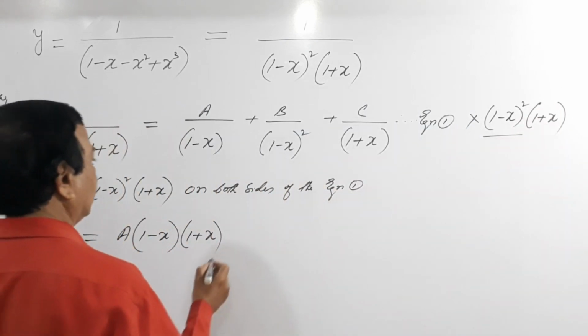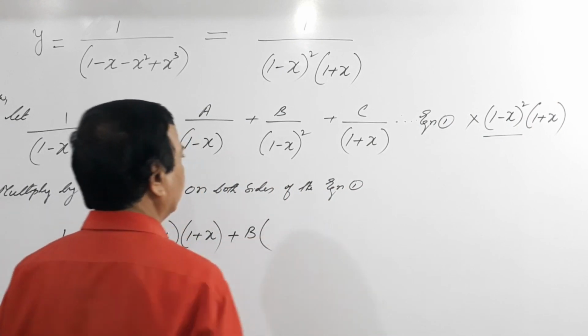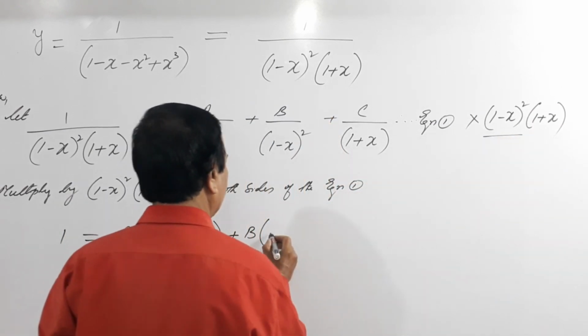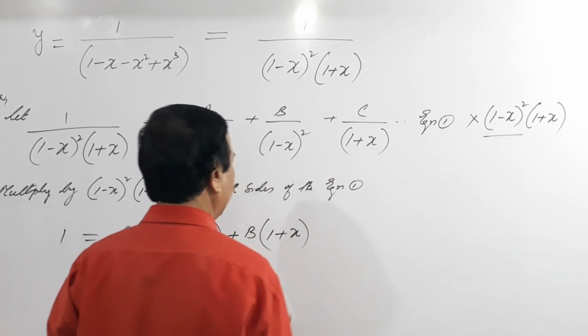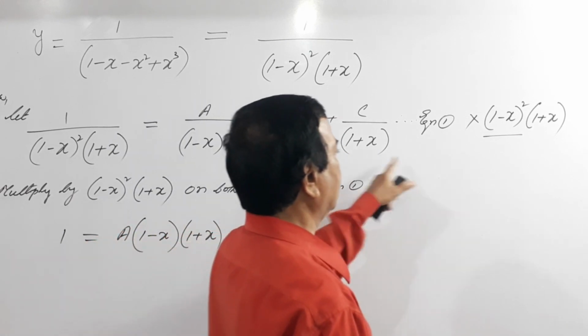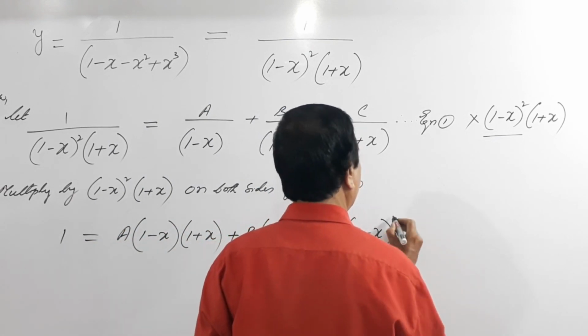Now b into 1 minus x square, 1 minus x cancel, we are left with 1 plus x. Plus c into 1 plus x cancel, we are left with 1 minus x the whole square.